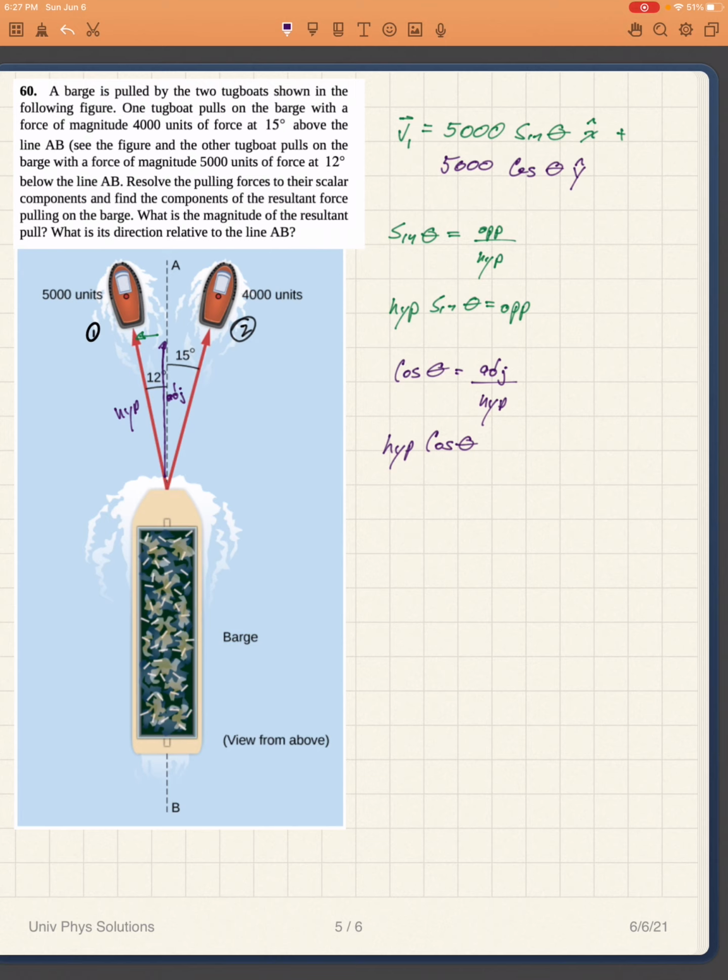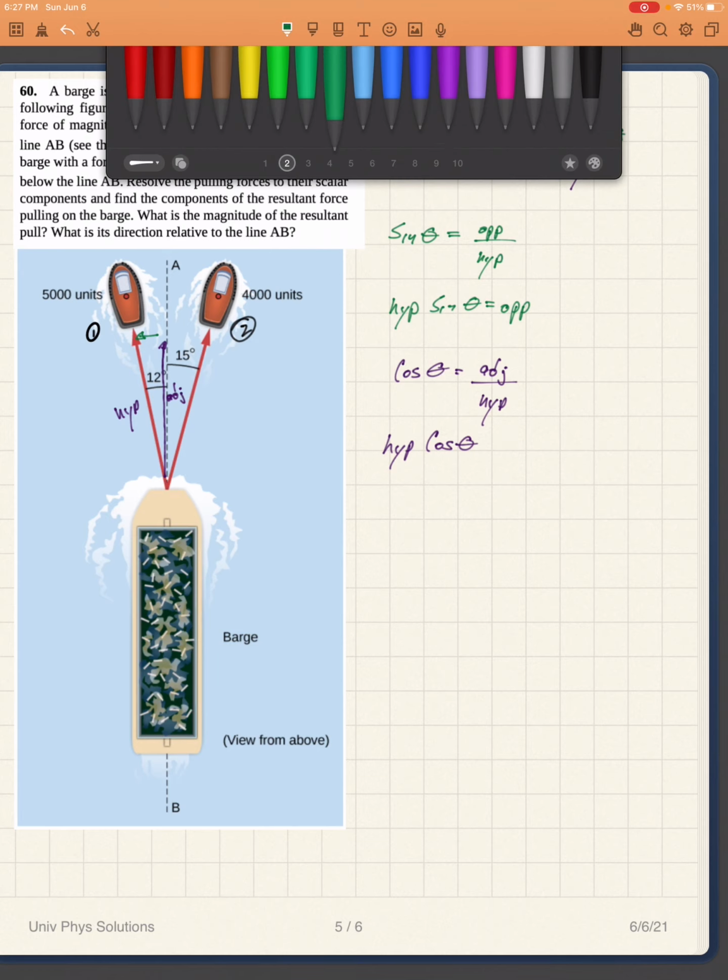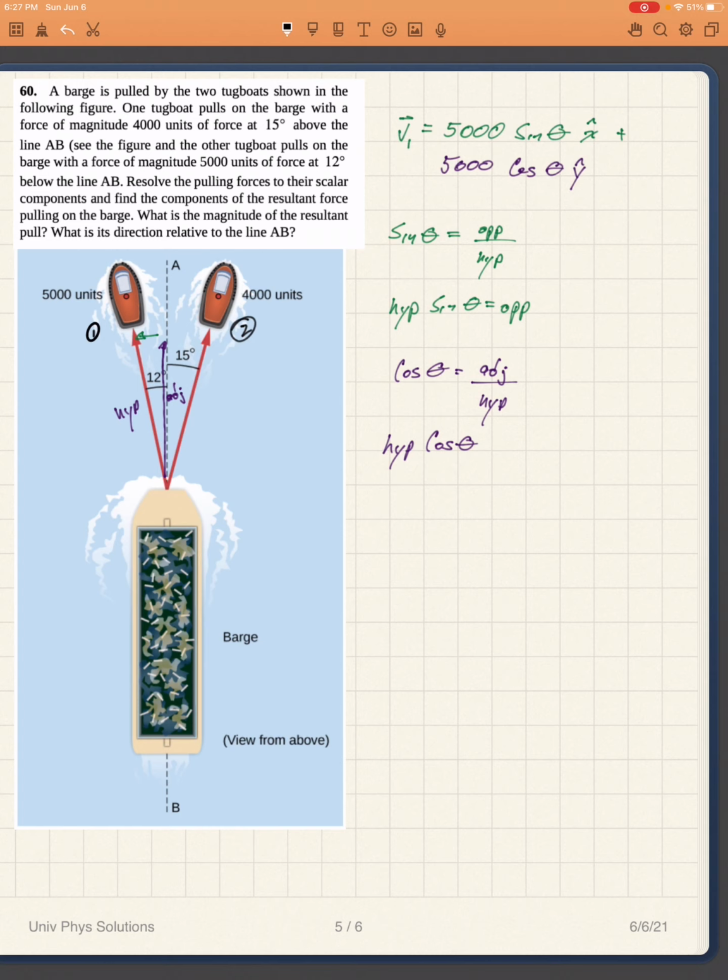Similarly then for vector 2, the x component is going to be 4,000, the magnitude, times the sine of theta 2.